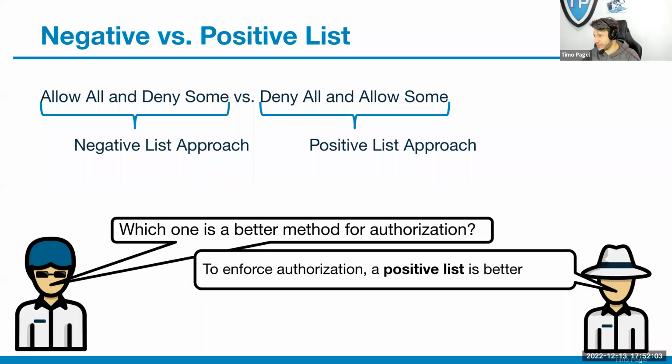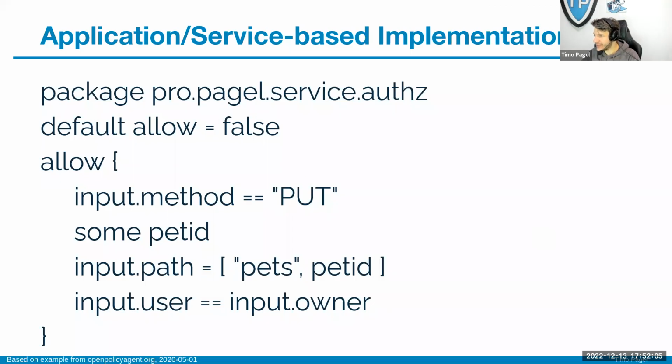I think that is very clear for the people here, negative and positive lists. Application-based implementation, you see one example here. You describe the package, then you describe that the default is that allow is false, and then you make another block with allow, where you define that the input method is PUT, where you define a variable.